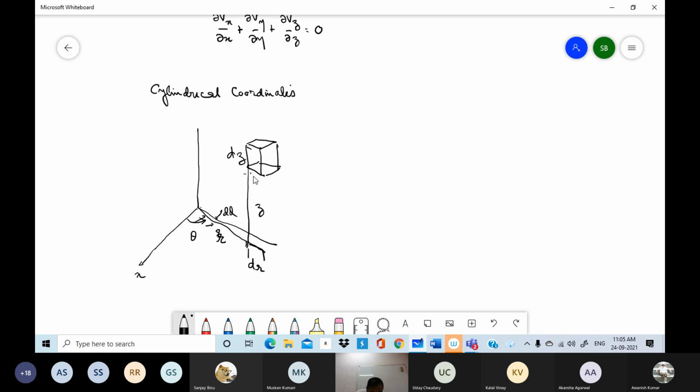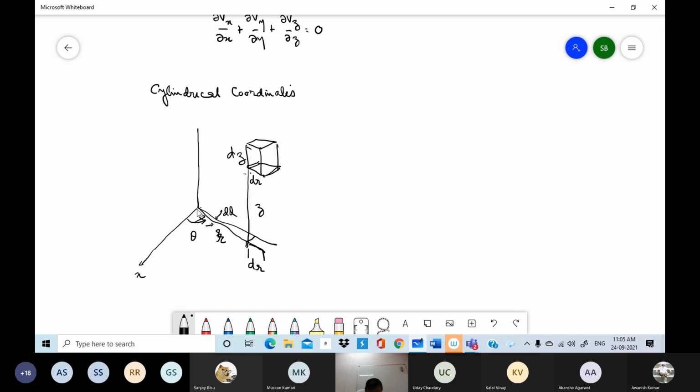So this side of the element is dr. This arc would have a length r into d theta. And this is where the difference comes, that this arc and this arc are not of the same length. So this is r into d theta.